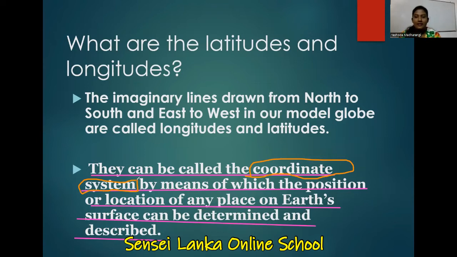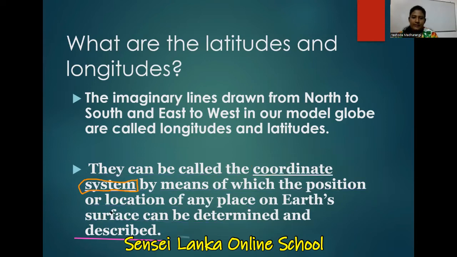Google Maps වල කොහොමද share කරන්නේ? By using the longitudes and latitudes. So පුතේ, we are using this coordinate system. That means longitudes and latitudes to say the correct location. නිවැරදි පිහිටීම හොයාගන්න පාවිච්චි කරනවා. So these are two definitions.